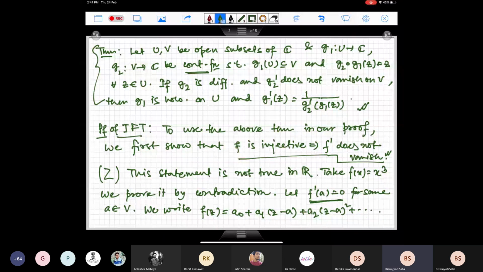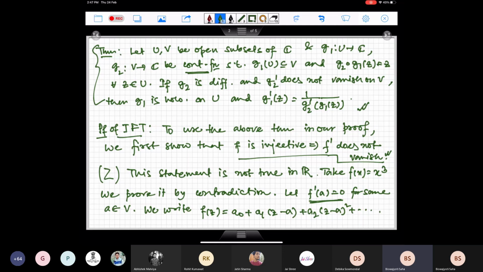Of course there we had a lot of hypotheses, namely the assumption of non-vanishing of derivative and all that. So we really have the inverse function theorem in the fullest capacity.